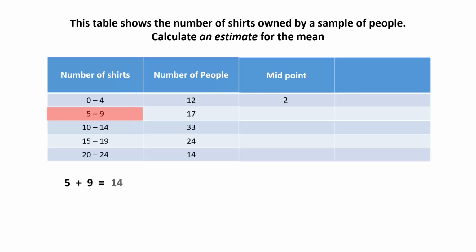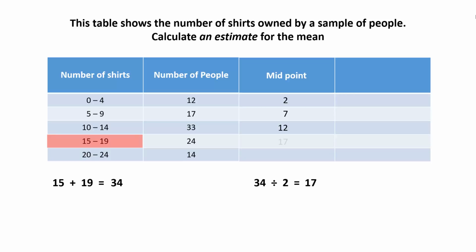So 5 add 9 is 14. 14 divided by 2 is 7. Next one, 10 add 14, that's 24. 24 divided by 2 is 12. 15 add 19 is 34, 34 divided by 2 is 17. And the last one, 20 add 24 is 44. 44 divided by 2 is 22. So that's how we get the midpoint.